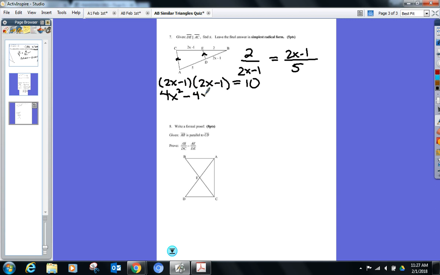Minus 4x in the middle, and then, this was actually the roughest part to see. Negative 1 times negative 1. Yep, a lot of people left at negative 1. Negative times a negative is a positive. Equal to 10. Move the 10 over. 4x squared minus 4x minus 9. Not 11. Minus 9.